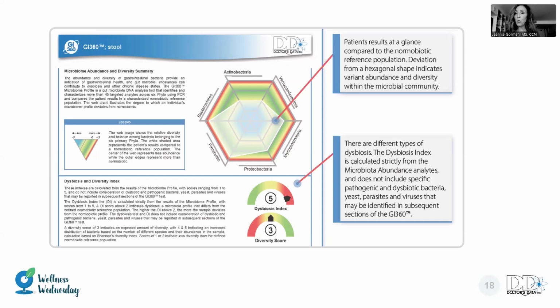How diverse was the microbiome membership that we have identified? So in this case, diversity score, she's at a 3. We'd want her in the green again at the other end of the spectrum at a 4 or a 5. So there's sort of opposing scores, if you will, between the two scoring profiles. So there is definitely some work to be done with this patient.